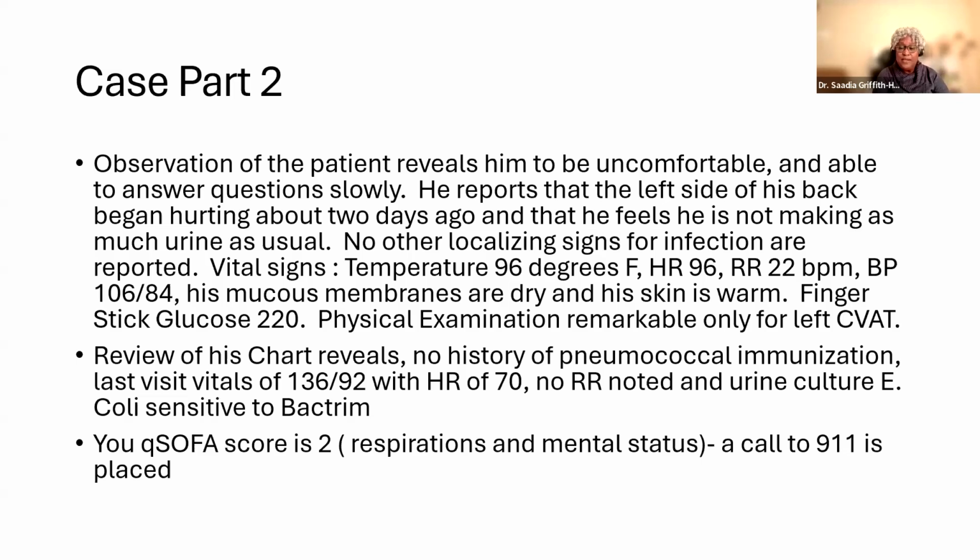If you do the NEWS score, I didn't include it on the slide, but the NEWS score would be 5, which says that he's at risk of developing sepsis and is on the threshold of an urgent response. But basically, based on your qSOFA score of 2, with his abnormal respirations and his mental status change that you're noticing, and again, thanks to his wife, a call to 911 is placed for urgent transport out of the clinic, which would be the appropriate response for this patient.